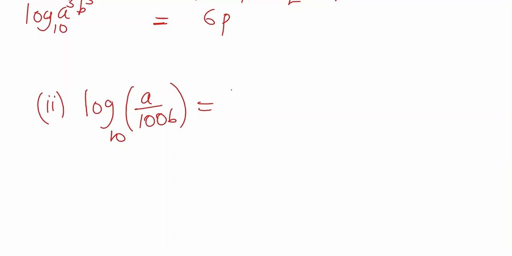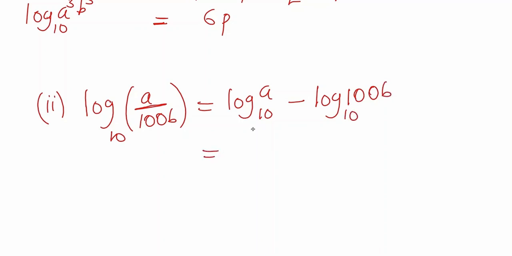It implies that you're going to have logarithm of a base 10, and we can see that in the single logarithm they are being divided, so we can write it as minus, if you are expanding, then it becomes minus logarithm of 100b base 10. Now we want logarithm of a base 10, so let's maintain it, minus. Now when we come here, we have logarithm of 100b base 10.